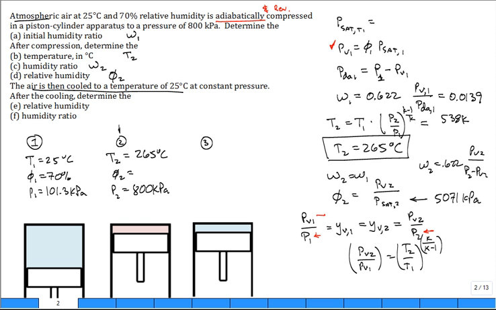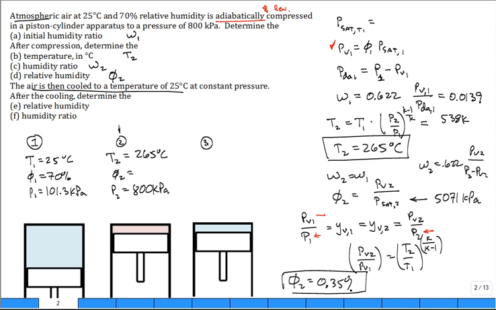Because the mixture was isentropically compressed, but the component was isentropically compressed as well. So you get the relative humidity Phi2 to be a whopping 0.35%. It's not 35%, less than 1%, less than 0.5%. At that high temperature, you can hold a lot more moisture than what's in there.